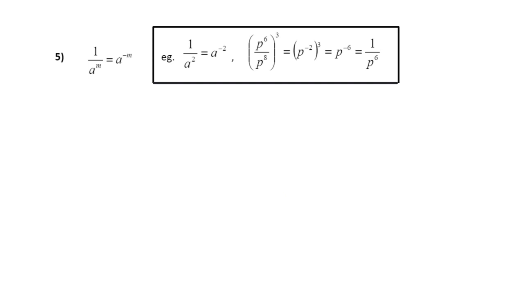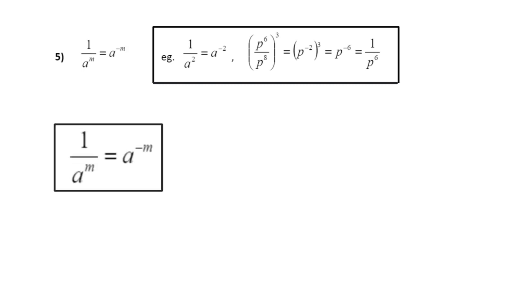So what I want you to do here is focus on rule number 5, which is 1 over a to the power of m. As you've seen before, we use the letters m and n to signify this, but the examples themselves will make it a little clearer. So if we take the rule down to inspect it in more detail, I can explain what happens at this stage.